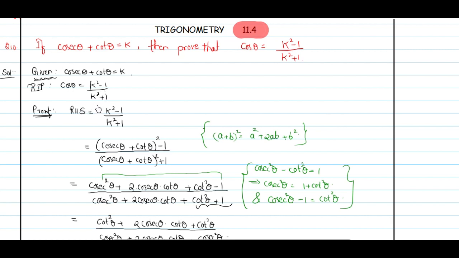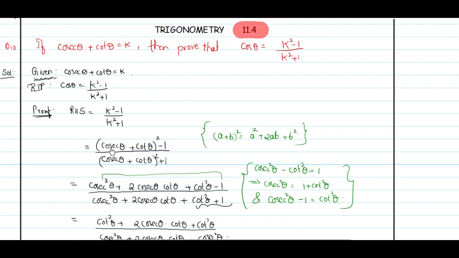This can be solved by taking RHS first. We will take the RHS and we will prove that LHS will be equal to cos theta. So, what is given in the RHS? K square minus 1 by k square plus 1. We know the value of k as cosecant theta plus cot theta.